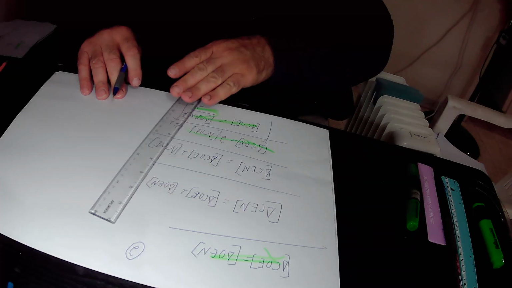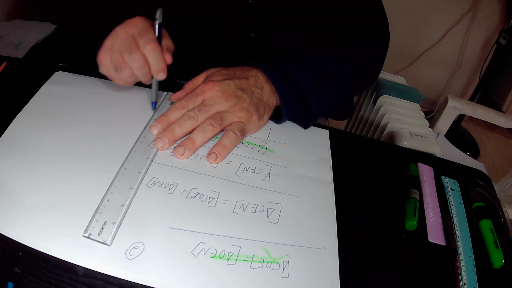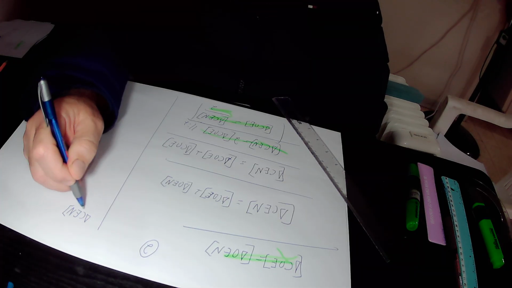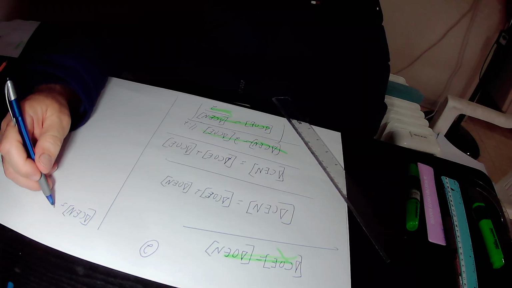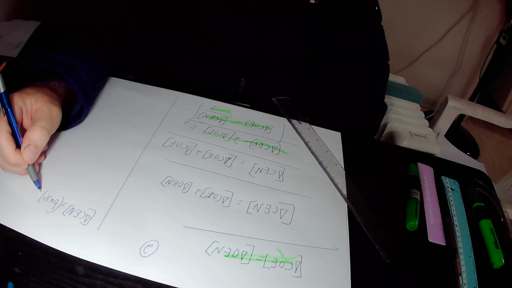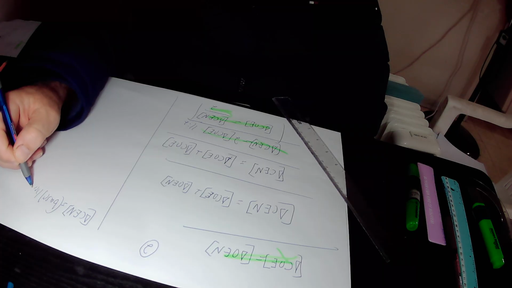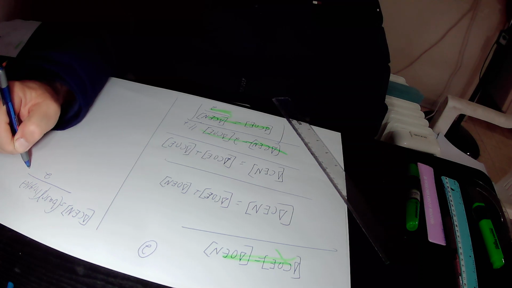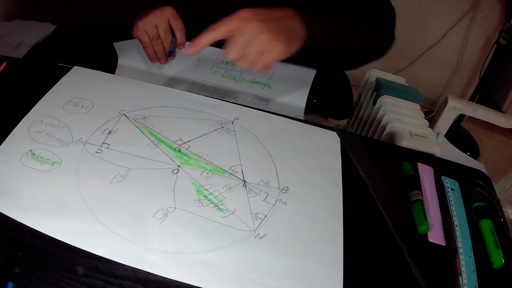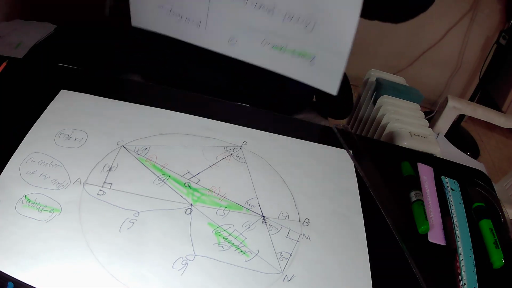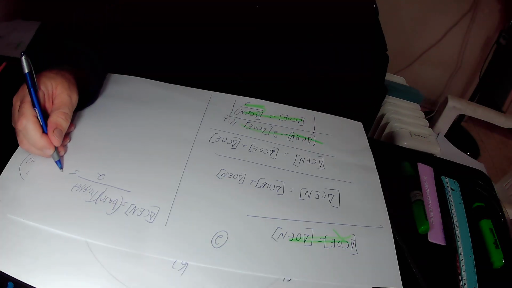So the area of the big triangle CEN is equal to the base of the triangle times the height to the base or the extended base, it doesn't matter, over 2. We'll choose the base of this big triangle CEN as CE. CE is the base according to our choice.